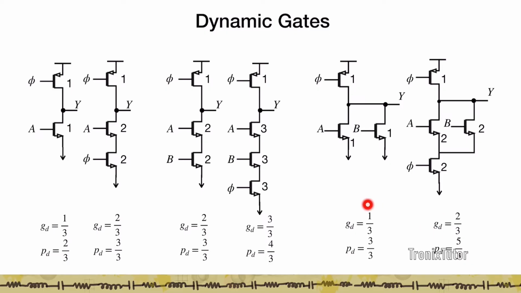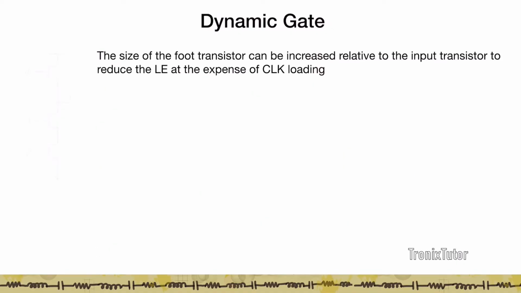One thing I'll draw your attention to is that the NOR2 logical efforts are very similar to the logical efforts of the inverter, right? And so that becomes an advantage in these cases. Another option in sizing is that the foot transistor can be increased relative to the input transistor, and so you can further reduce the logical effort at the input.